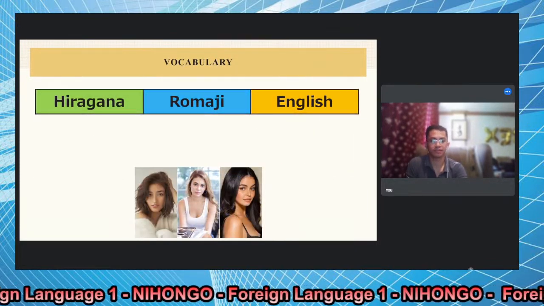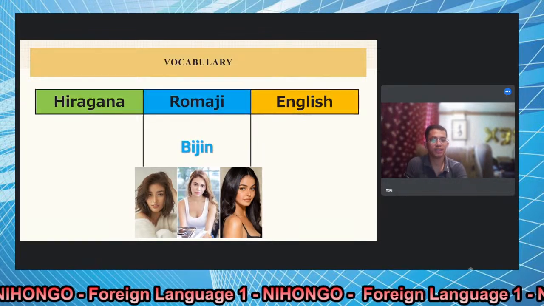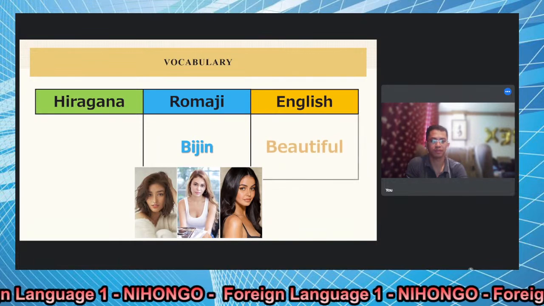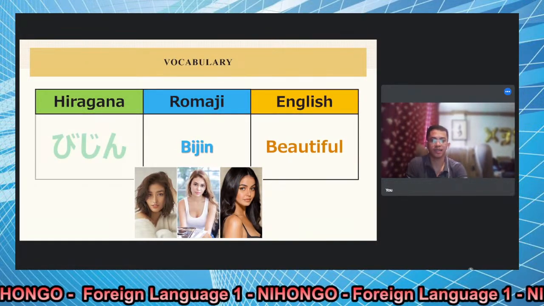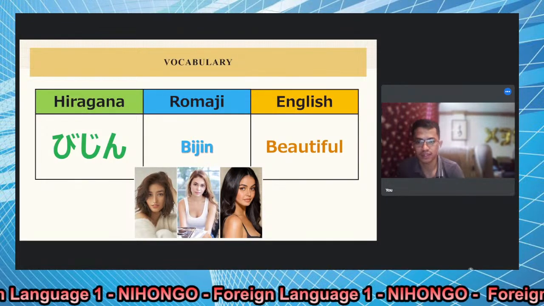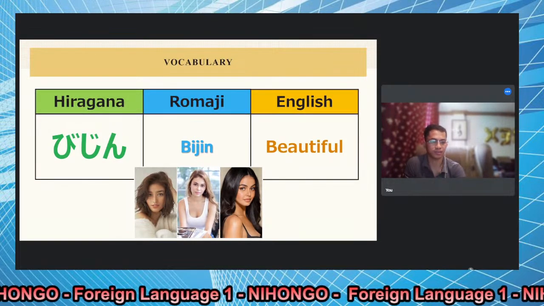Next word. Ganda naman ng mga ito. Bijin. Bijin in English is beautiful. Diba? Magaganda naman sila. Okay? So, it is written as hi plus tenten, shi plus tenten, then n.